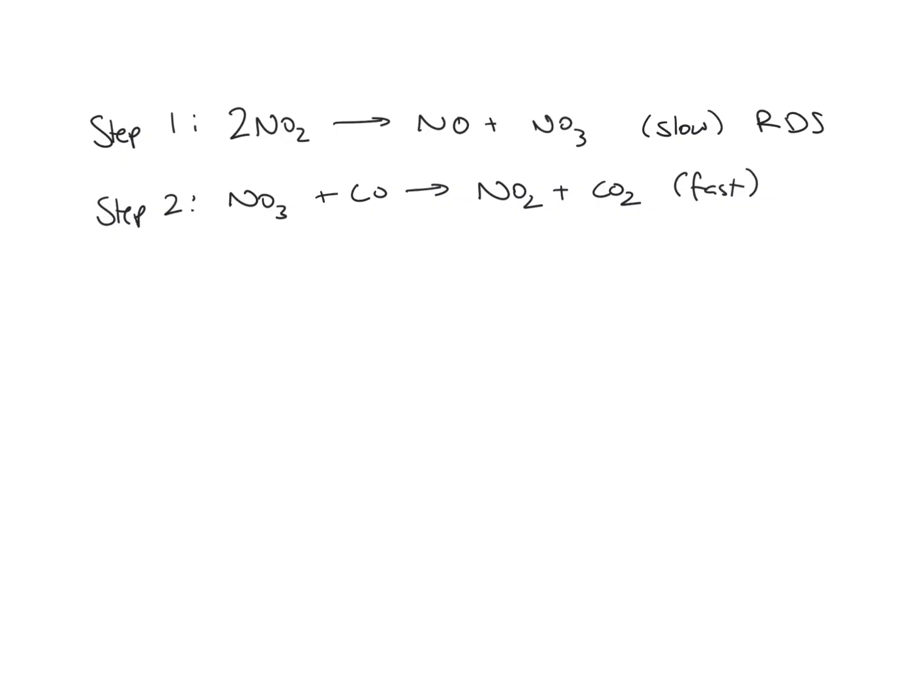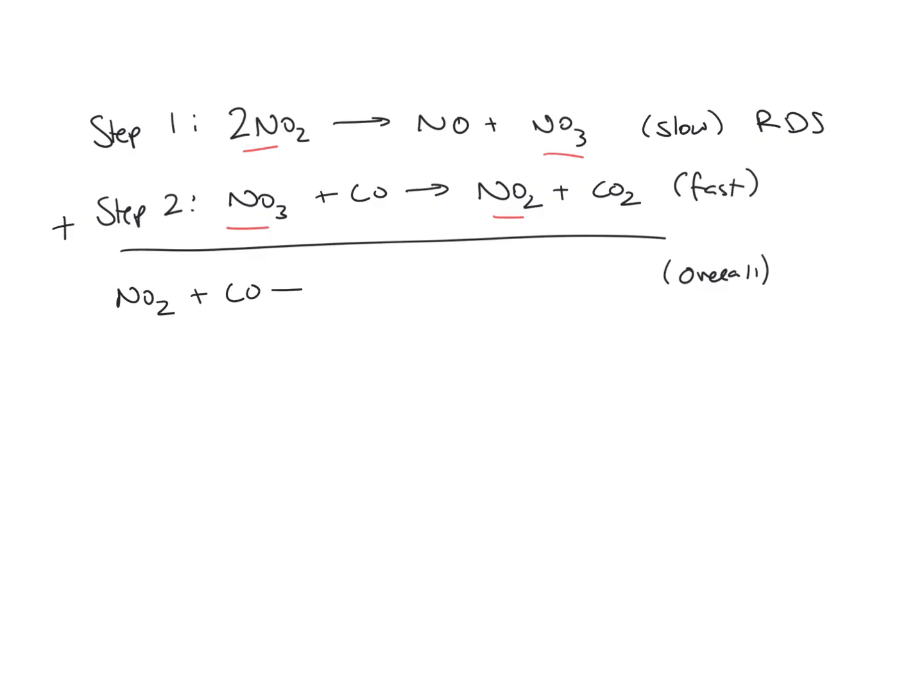Now, we know that we can add these reactions together to get an overall reaction. And since we see NO3 on both sides, our overall reaction essentially cancels those out. And we also have some NO2 at the start as well as the end. And so I end up getting NO2 plus CO makes NO plus CO2.